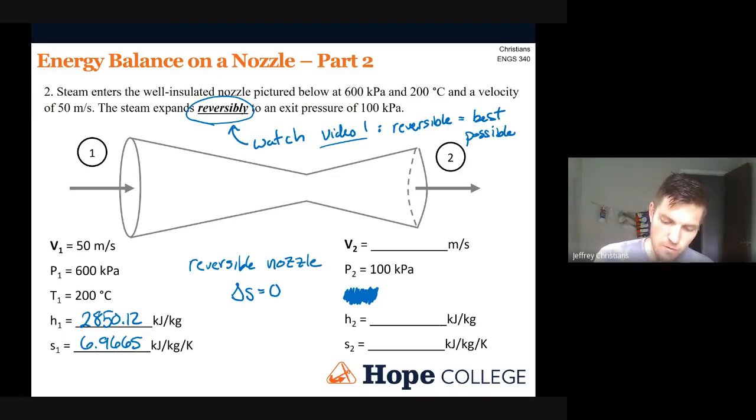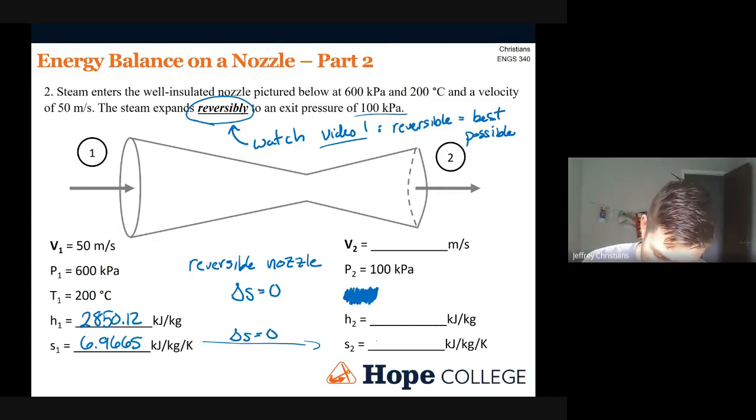If this is the best possible nozzle, we know that the steam expands in this best possible process, which we'll call reversibly, to the same final pressure, 100 kilopascal. So this is a nozzle that's shooting out into just the atmosphere, which is at 100 kilopascal. If it's our best possible process, that means delta S equals 0.